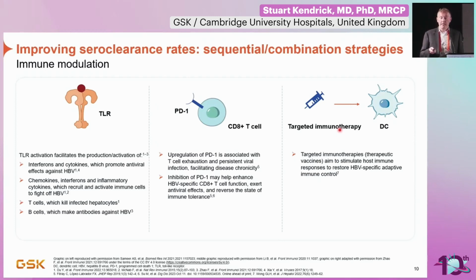If PD-1 is a specific component of immune exhaustion for a particular patient, then perhaps the PD-1 and PD-L1 strategies that have already been discussed might work more effectively in patients who've already had some surface antigen lowering. And then finally, Vensi has talked to you about targeted immunotherapy, similar to the therapeutic vaccines that Ellie spoke about.